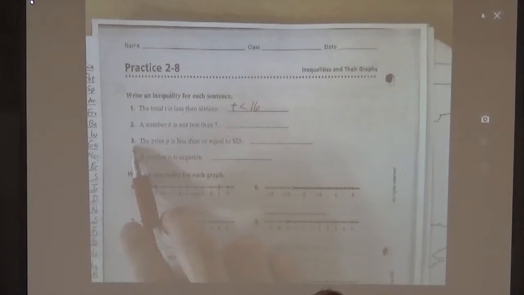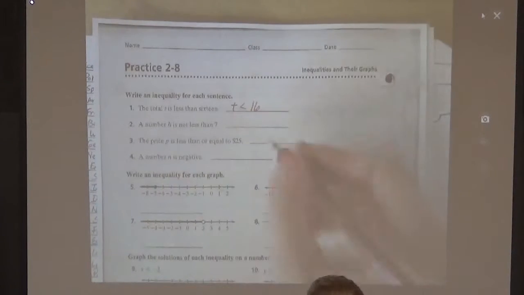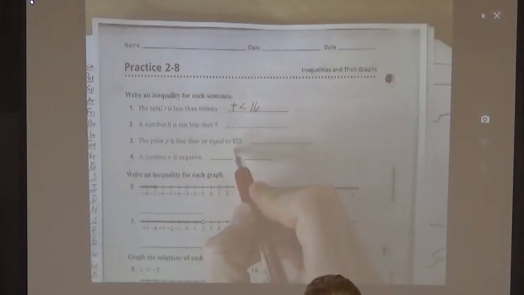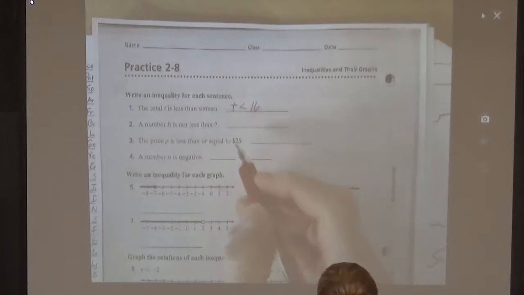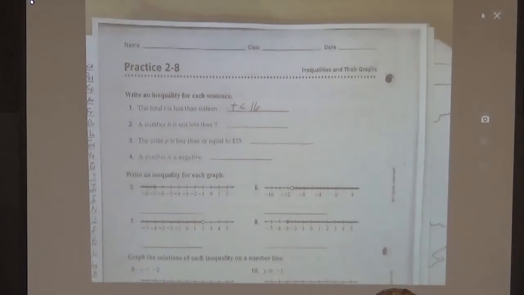Look at number 3. The price P is less than or equal to $25. So we know we're writing in this inequality, this math sentence for a real world situation where you know that the price was less than $25.